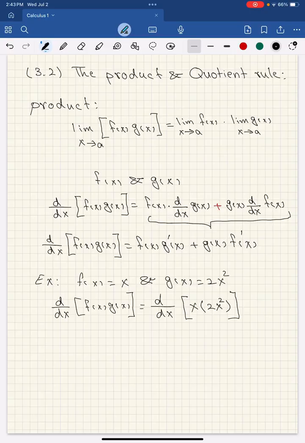To be honest with you, a lot of students ask me this question: okay, professor, why should we apply the product rule here when it's easier to first multiply x with 2x squared, then take the derivative? Yes, that's the easy way, but maybe only for this problem, because it's so easy.